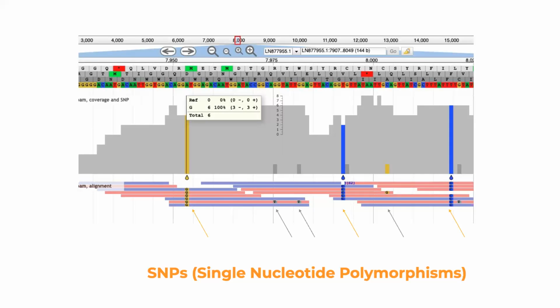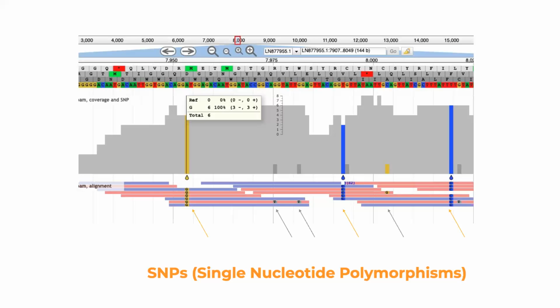Does anyone know what is the difference? Okay, so Susanna is answering the SNP has to be present in at least 1% of the population.